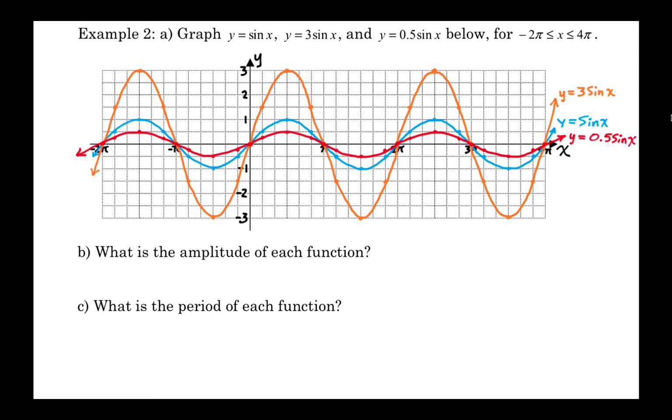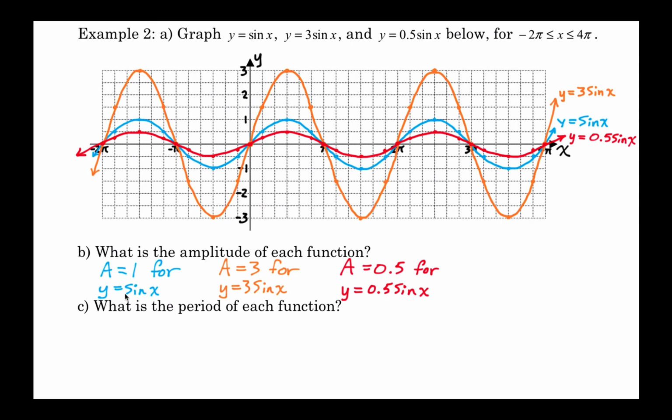All right, the amplitudes. So we know that the amplitude is 1 for y equals sine x. The amplitude is 3 for y equals 3 sine x. And the amplitude is 0.5 for y equals 0.5 sine x. So you determine amplitude by either going from the high point down to the low point.